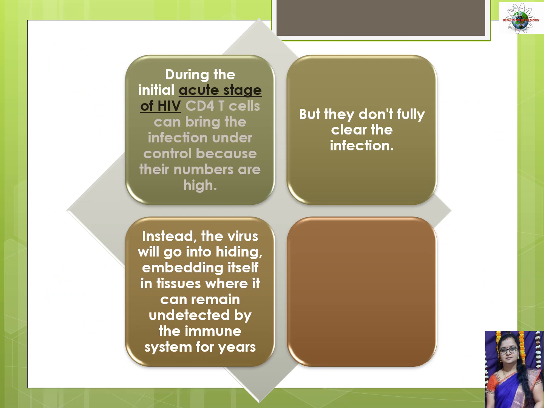During the initial acute stage of HIV, CD4 T cells can bring the infection under control because their numbers are high, but they don't fully clear the infection. Instead, the virus will go into hiding, embedding itself in tissues where it can remain undetected by the immune system for years.